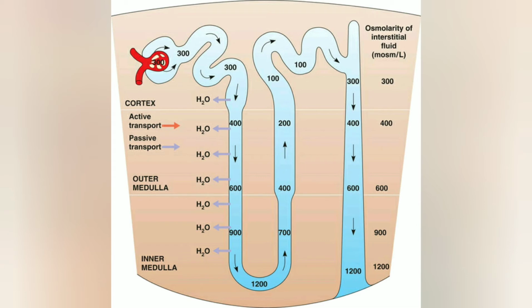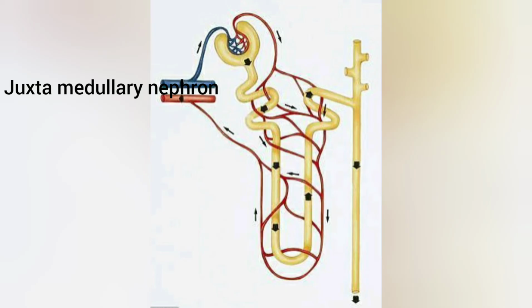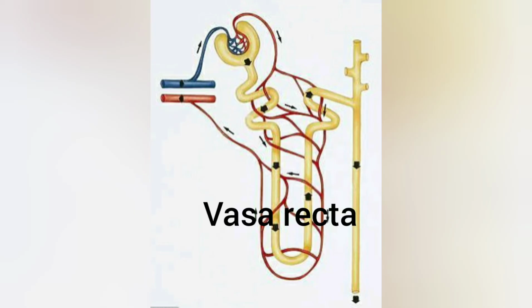For this purpose, a mechanism operates in the human kidney, and this mechanism takes place in the limbs of the loop of Henle of juxtamedullary nephrons and the vasa recta. They together operate the counter current mechanism. How does this mechanism work?